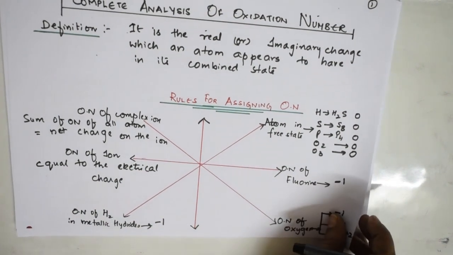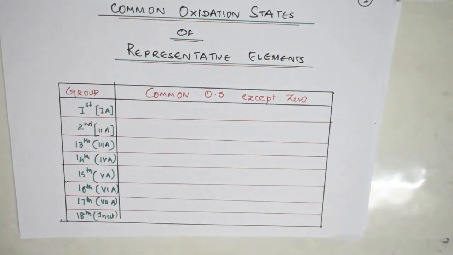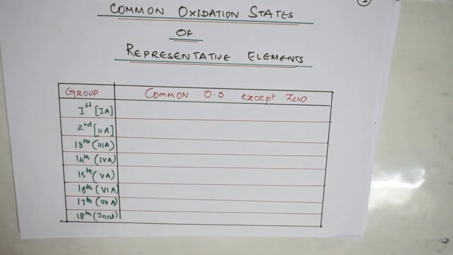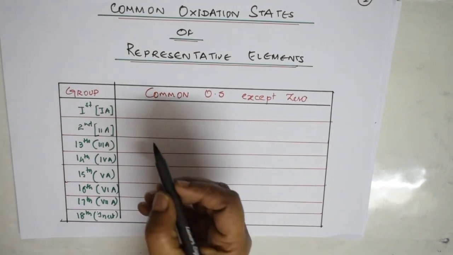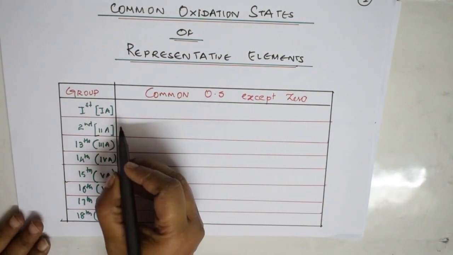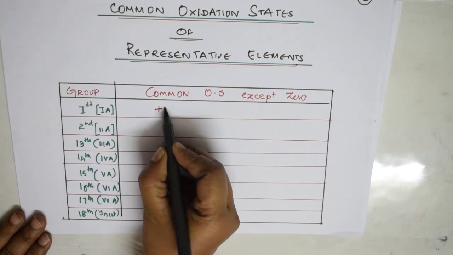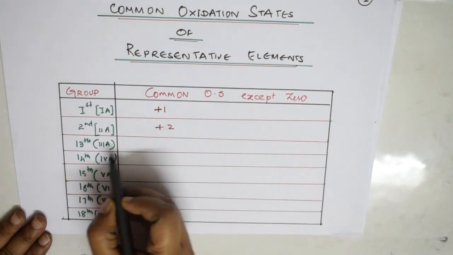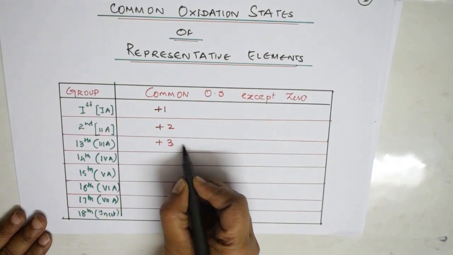Now on the second page, when I take the common oxidation states, the periodic table is normally divided into s, p, d and f blocks, isn't it? So here in the first group, the common oxidation state, let me take a different pen, in group 1A is +1. In 2A it is +2. In 3A, it is +3 and +1.